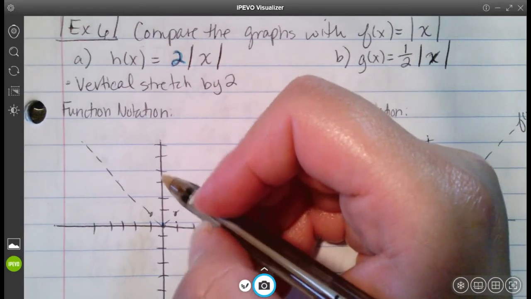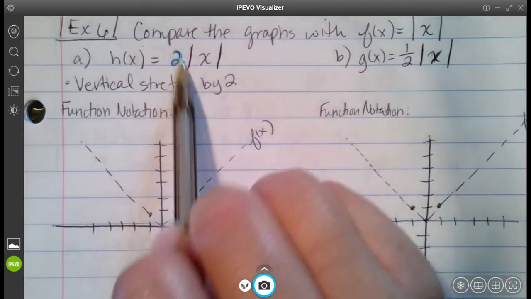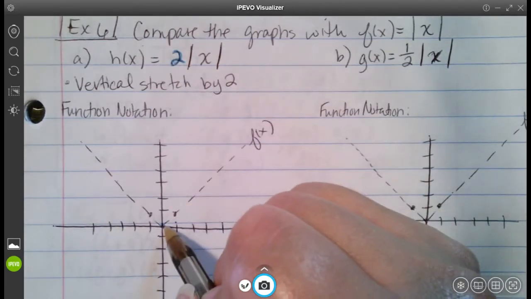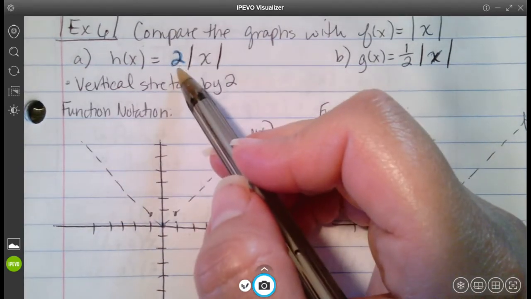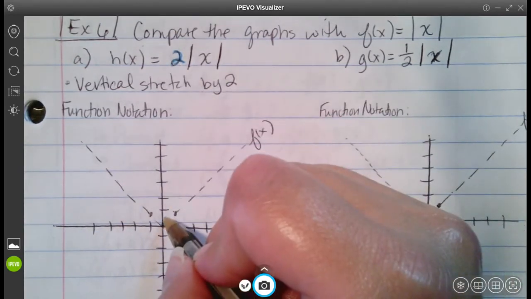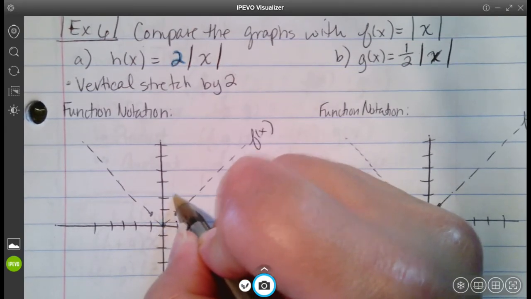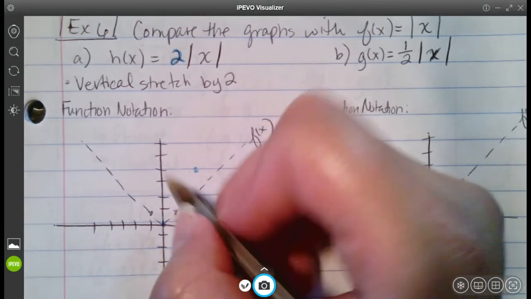One way to think about it is what I used to teach my algebra 2s last year: pretend this is kind of like a slope. The slope of the OG is 1 because it's up 1 over 1. The slope of this one is 2, so instead of going up 1 over 1, we're going to go up 2 over 1. My graph's a little crooked, but that's all right.